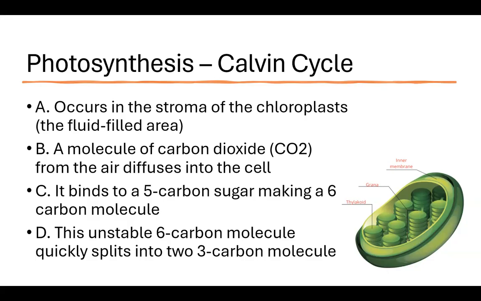Now, this is an unstable molecule. It is a 6-carbon molecule that is unstable. It will quickly split to form 2 3-carbon molecules. So these molecules, the two of them each have 3 carbons.